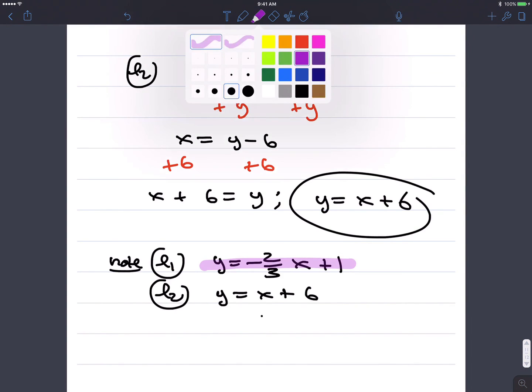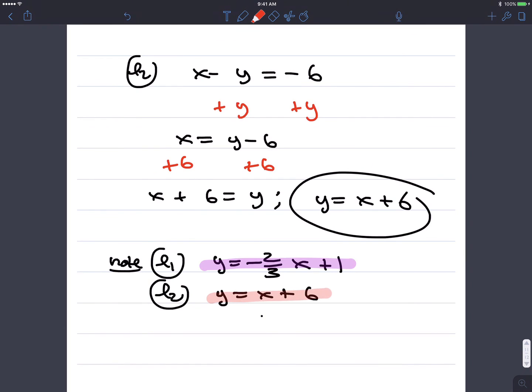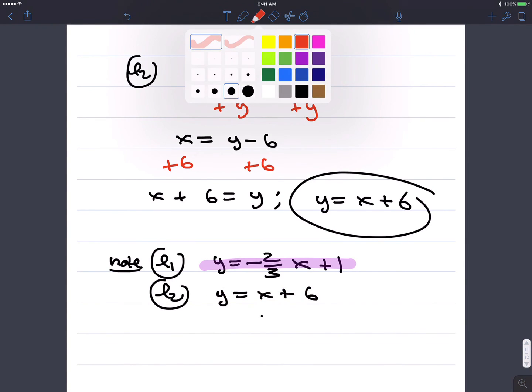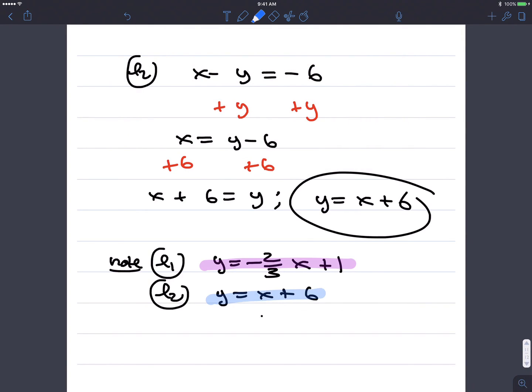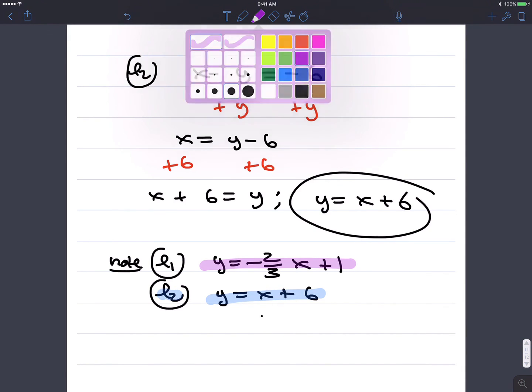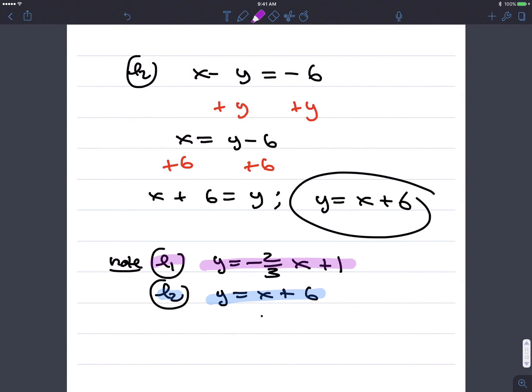Purple. Blue. We're going to look for our point of intersection. Graph the first line in purple and the second line in blue.